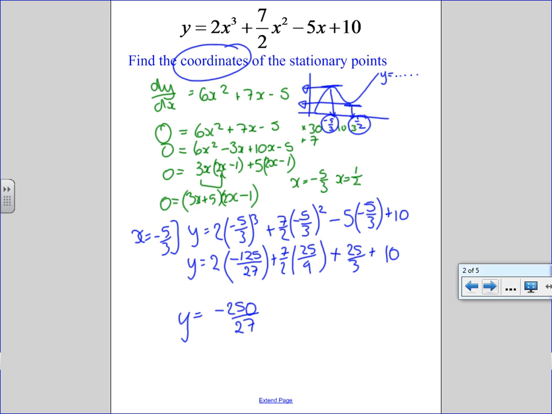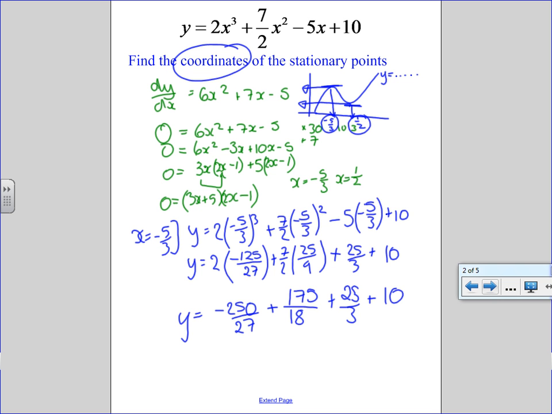Then we've got to times the bottom by, hang on, let's just leave it as 18. So 7 times 25, 4 lots of 25 is 100, 3 lots of, so that's 175. And then plus 25 over 3 plus 10. That's what we've got at the moment.